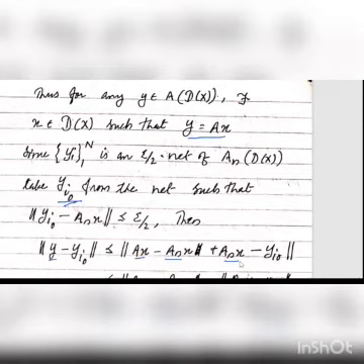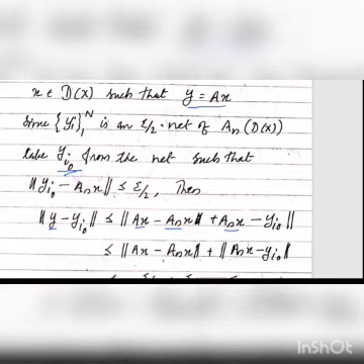It is less than or equal to norm of Ax minus Anx plus norm of Anx minus yi0. Now we have seen that this is less than epsilon by 2, and you have selected yi0 such that this condition is satisfied. So this quantity is also less than epsilon by 2, so that is epsilon. That means this yi0 will form an epsilon net. And this yi0 is finite because i goes from 1 to n.